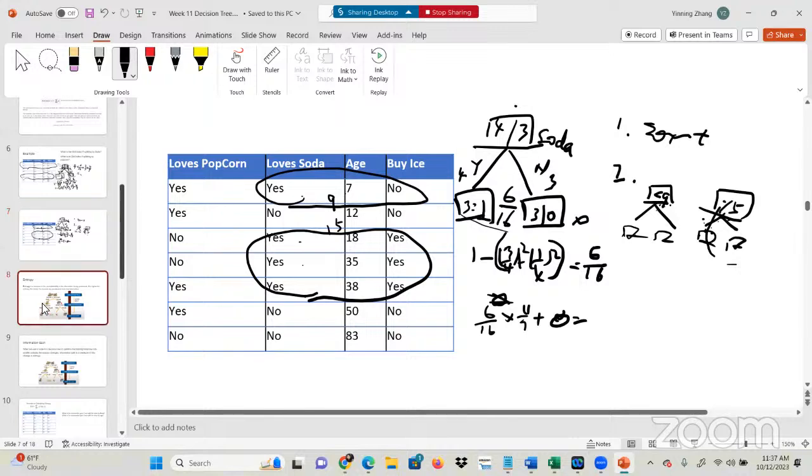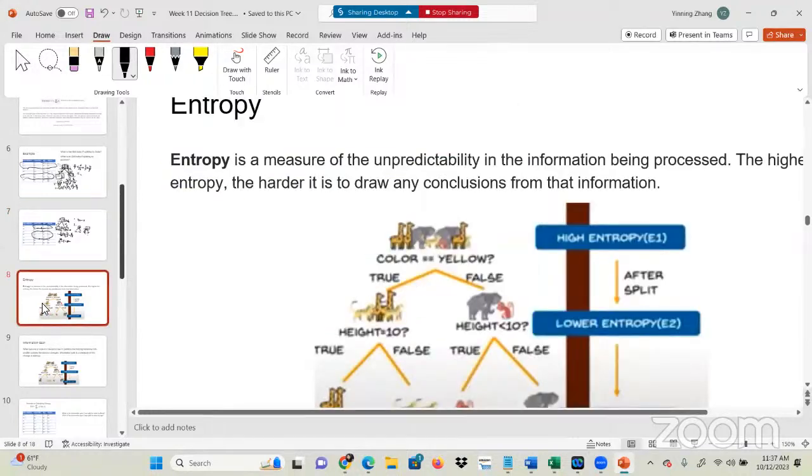There's a second metric that is used, called entropy. Entropy is similar to Gini impurity, and you will see that the result is usually the same, but the concept is a little bit different. It doesn't measure impurity, it measures unpredictability. Unpredictability, it's quite hard for me to pronounce that.